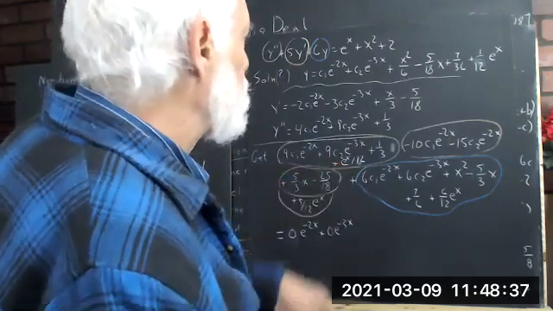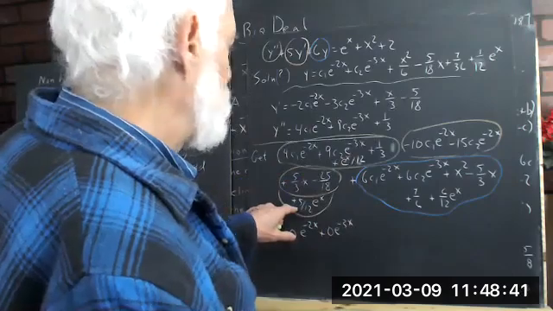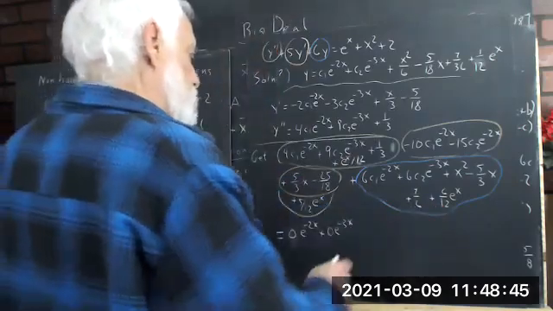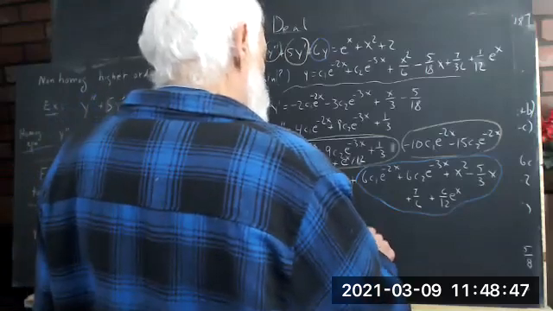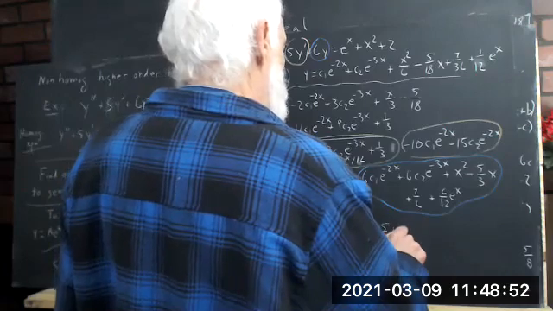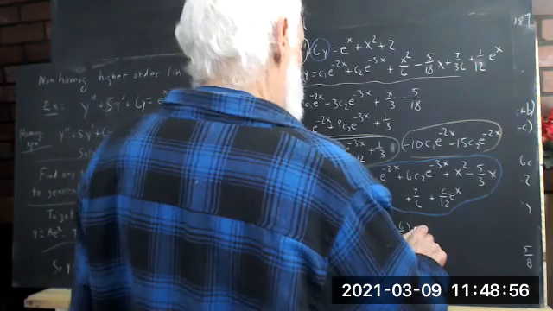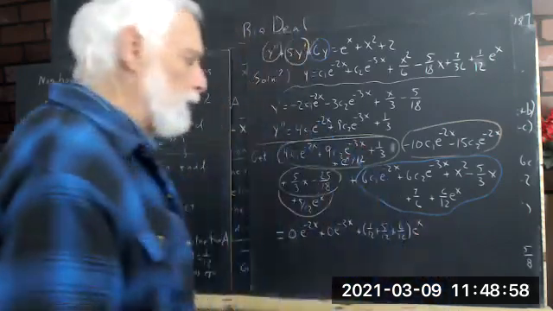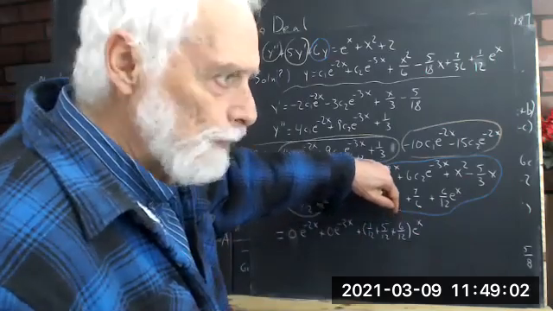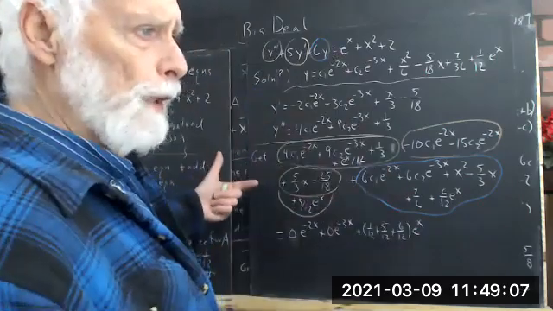My e to the x terms, we got 1/12, 5/12, and 6/12. Just to emphasize it, 1/12, there we have it. And we can see that this is going to add up to 1 and 5 and 6, 12/12, which is just going to give us our e to the x. And we already knew that was going to work out.